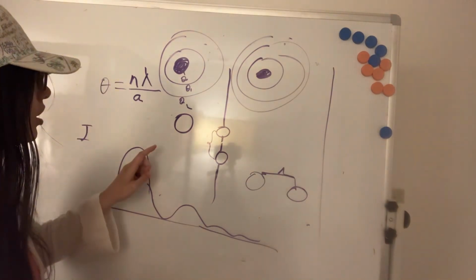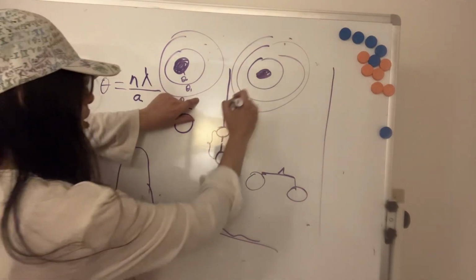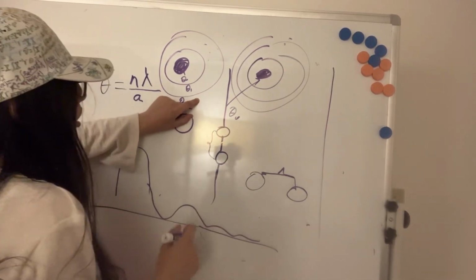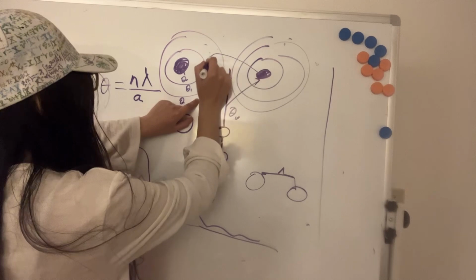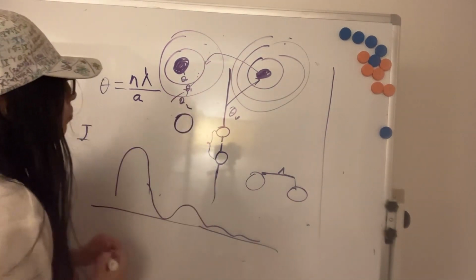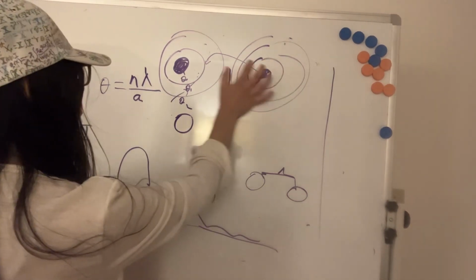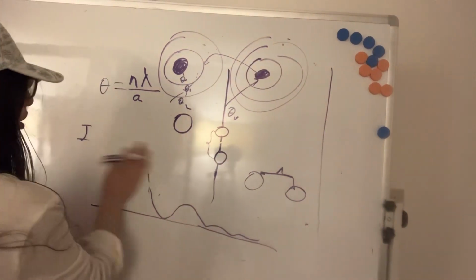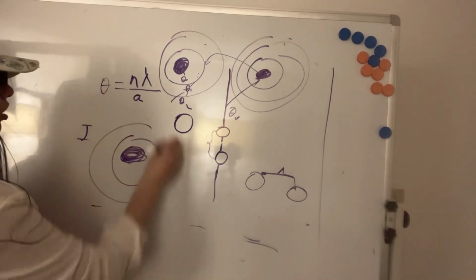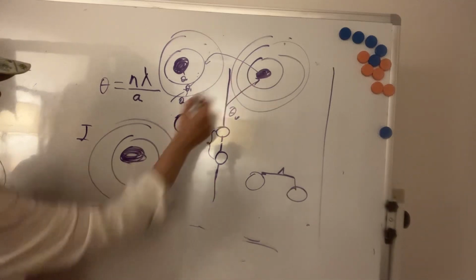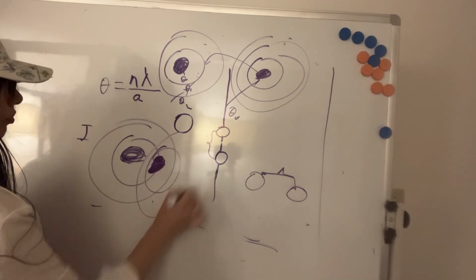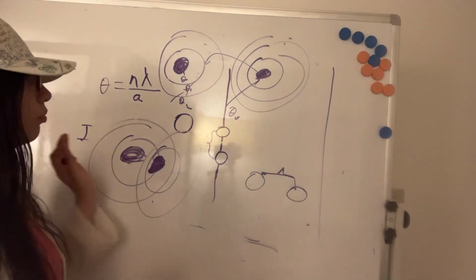The minimum distance is when the theta 0 of the second opening is at the position of the first order, theta 1, of the first aperture. So when this is here, we will have something like this. This is the first aperture pattern, and this would be here. This would be the minimum distance.